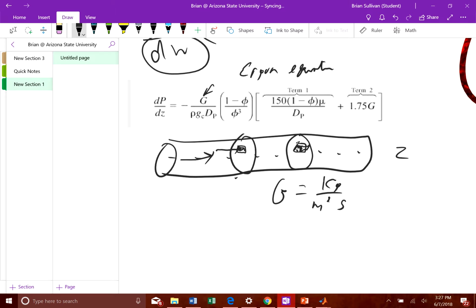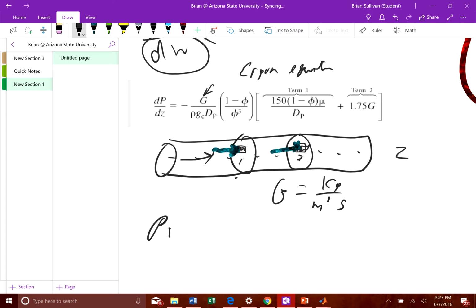Well, if you have the flux going through here, let me do a different color, the magical blue. I love this color. There we go. Coming through here and coming through here, the velocities of the gases are different. So wouldn't the G be variable? Well, the answer is no. Let's call this location 1, this one location 2.